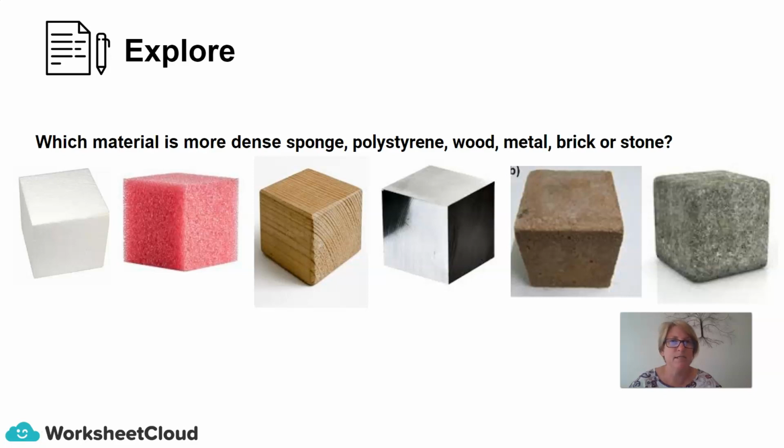And if the volume is the same for all the blocks, we would assume that the heavier substance is possibly more dense because the particles are more tightly packed together. But I have an interesting scenario for you that we are going to look at in tomorrow's lesson. So I hope to see you back tomorrow.